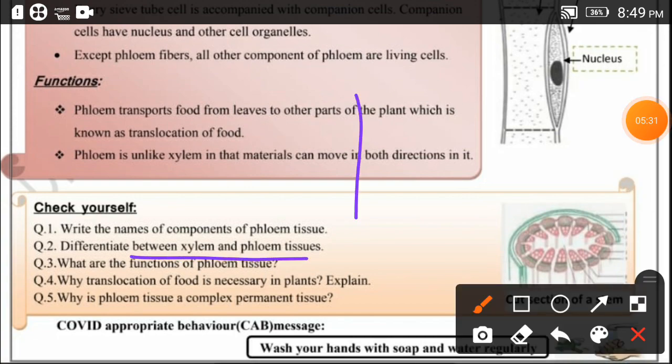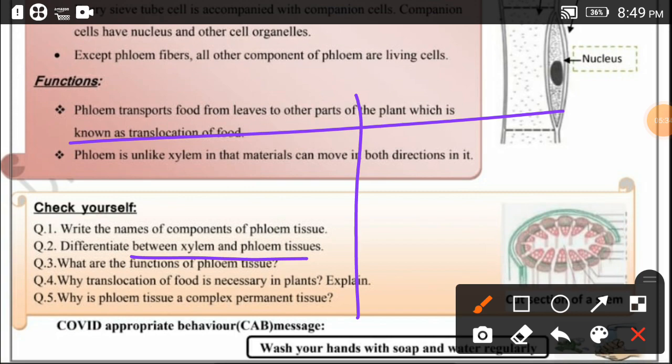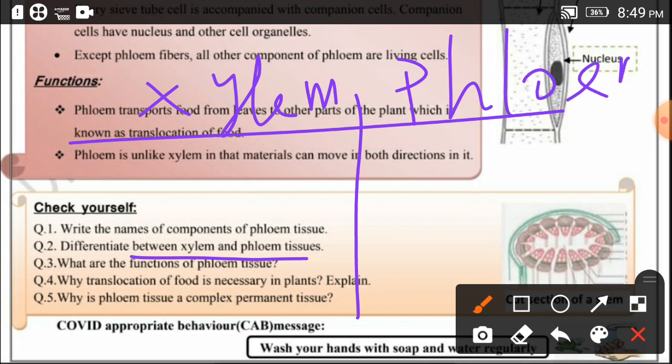Second question is differentiate between xylem and phloem. So make a table for the differentiation and write the important differences between xylem and phloem. So students, as you know, a lot of differences are there. Xylem is a complex permanent tissue which transports water and minerals, and phloem translocates, not transports.